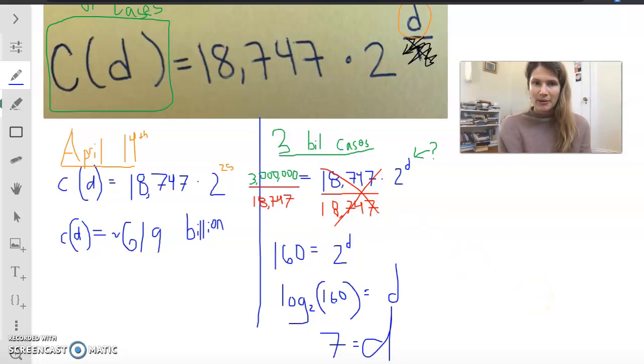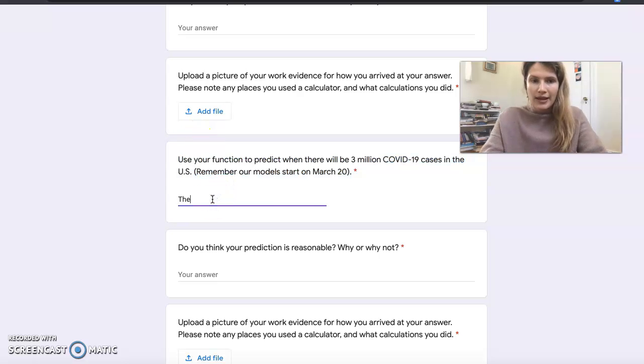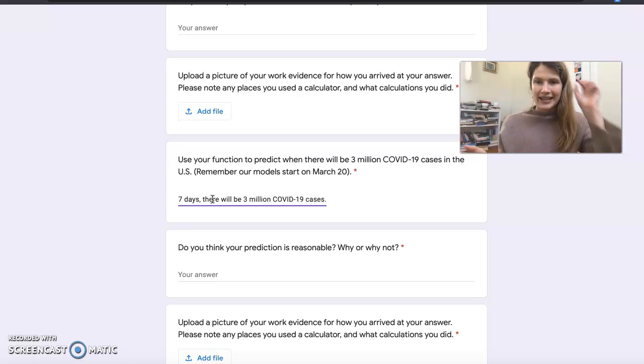Okay, let me just type out my final answer as the last step. So I'll say after 7 days, there will be 3 million COVID-19 cases. Okay, after 7 days, well, 7 days since when? 7 days since our beginning date, which is March 20th.